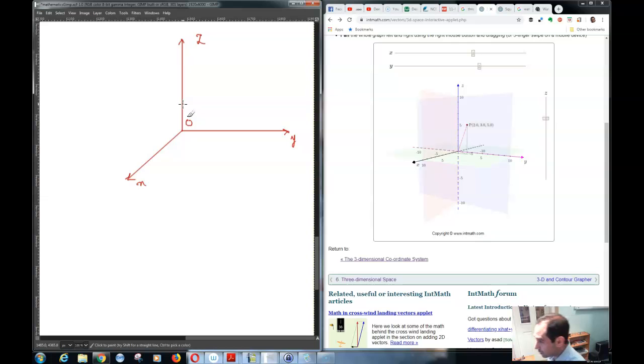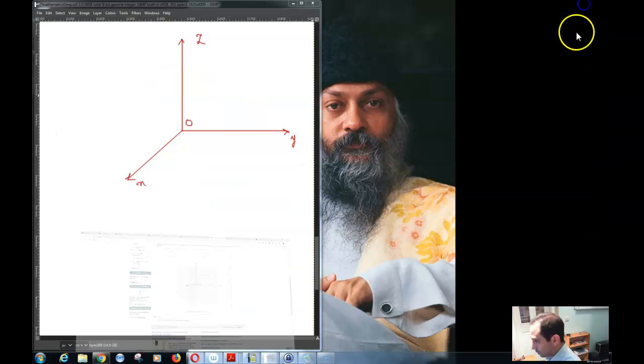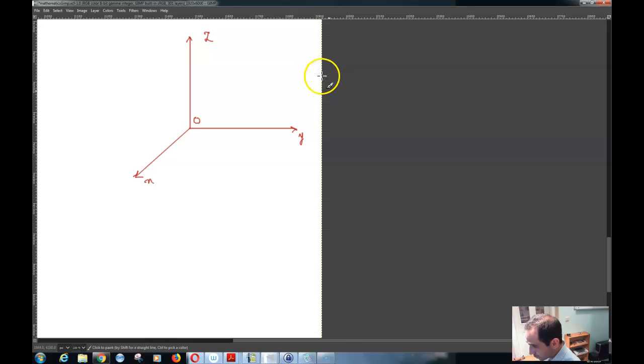So now imagine that I have the first octant drawn over here, and for now we can just forget about this thing.